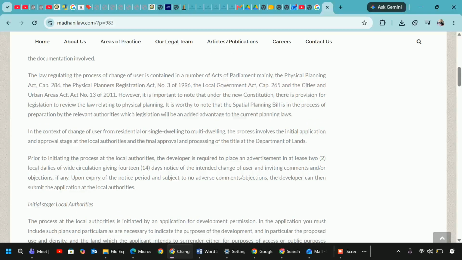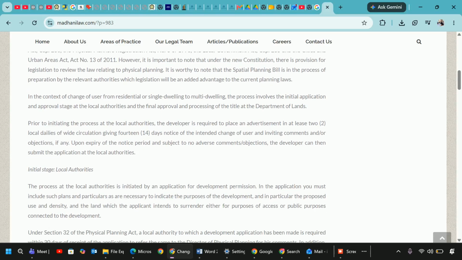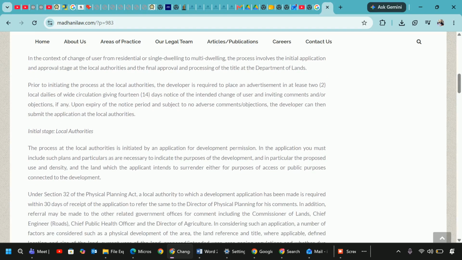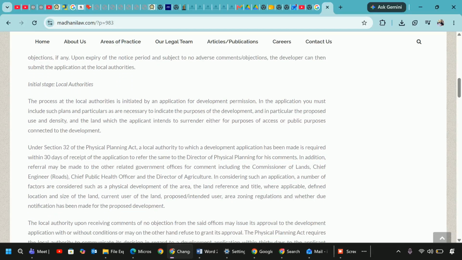So in this situation, we can say we have the enabling provisions. The Physical Planning Act is the main act to rely on. So we started with an advertisement in at least two local dailies, and we gave 14 days for any comment. We saw no comment. We initiated an application before a local authority.